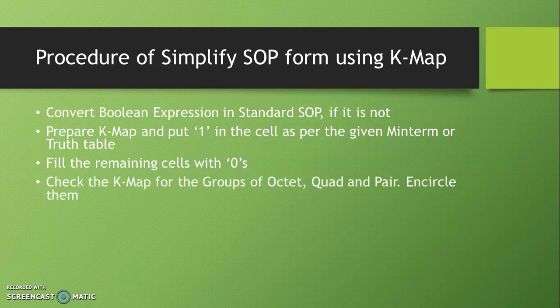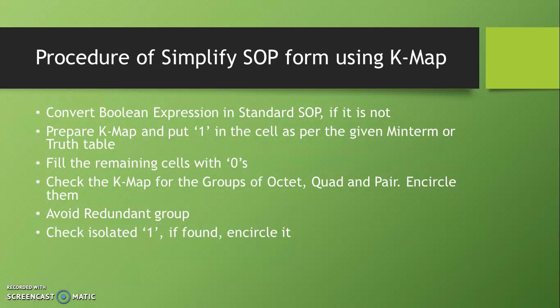Check the K-map for the groups. If octet, quad or pair is possible, encircle them. Avoid redundant groups. After preparing groups, we have to see whether any group is redundant, and if so, we avoid that group. Check for isolated ones. We know that as per the rule, we have to make a group of all the ones.